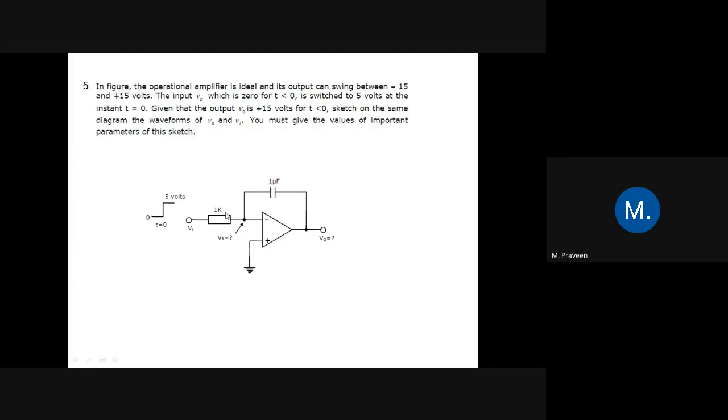We have the resistance at the input and the feedback capacitance. So we have to find V naught. If you know the derivation of the integrator, then you can directly apply it. If you do not know the integration formula, then we have to apply nodal analysis here.